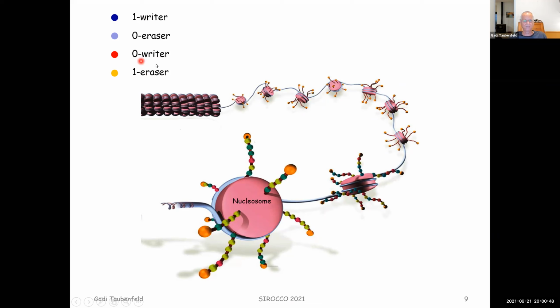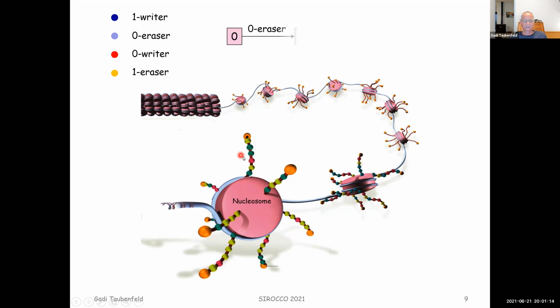And a zero writer that can write zero into this memory location. It simply leaves a different type of mark. And then we have two different proteins, which we call the zero eraser and the one eraser. The zero eraser can come and erase zero marks, and the one eraser can erase one marks.